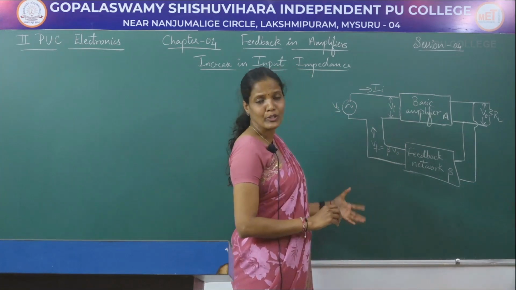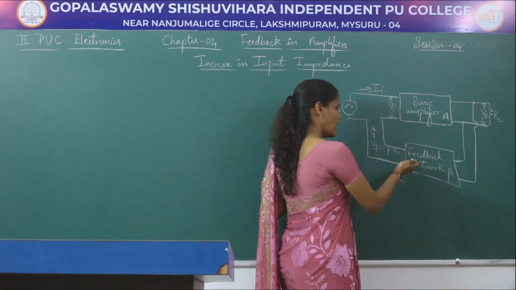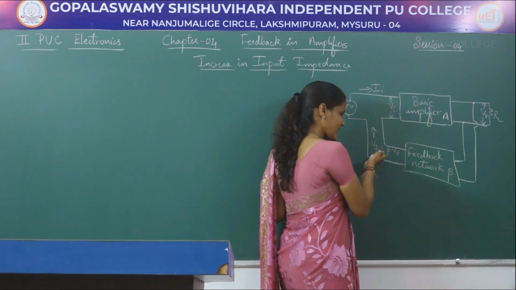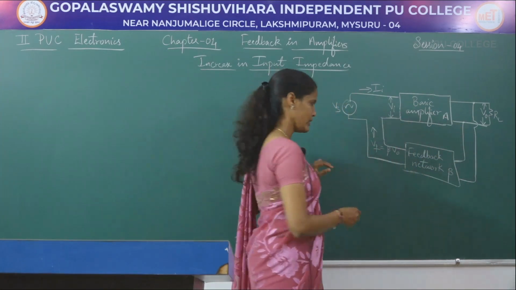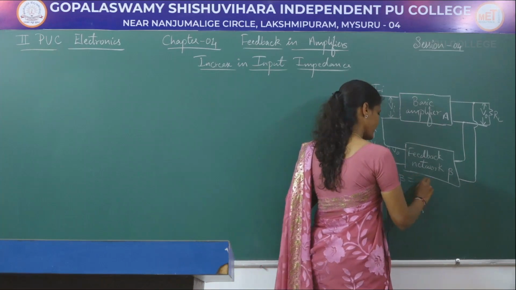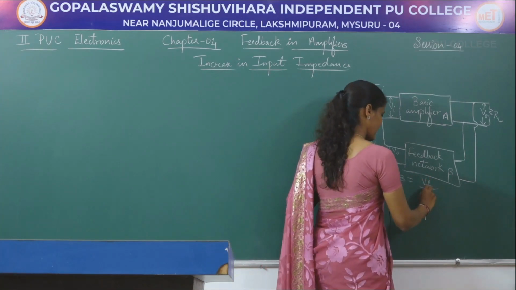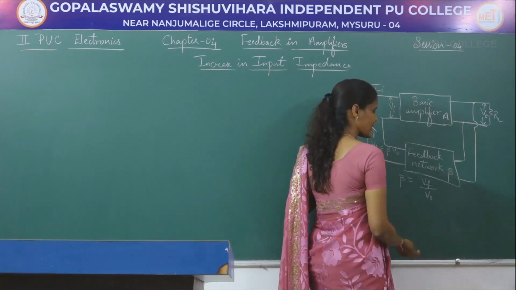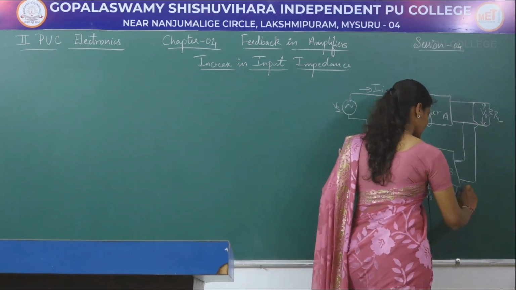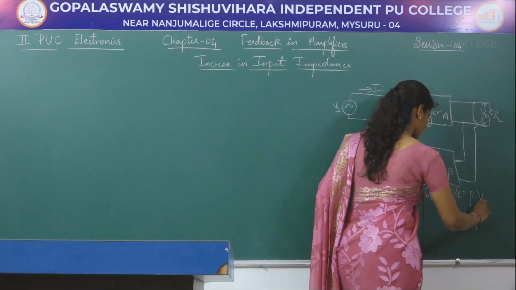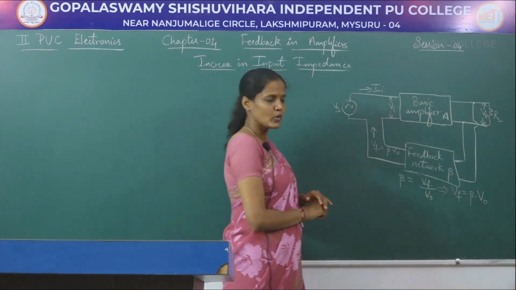Beta is equal to output voltage divided by input voltage. The output voltage from the feedback network is Vf and the input voltage for the feedback network is V0. So, beta is equal to output divided by input, and if I alter this expression, I get Vf is equal to beta times V0. That is what has been written over here.